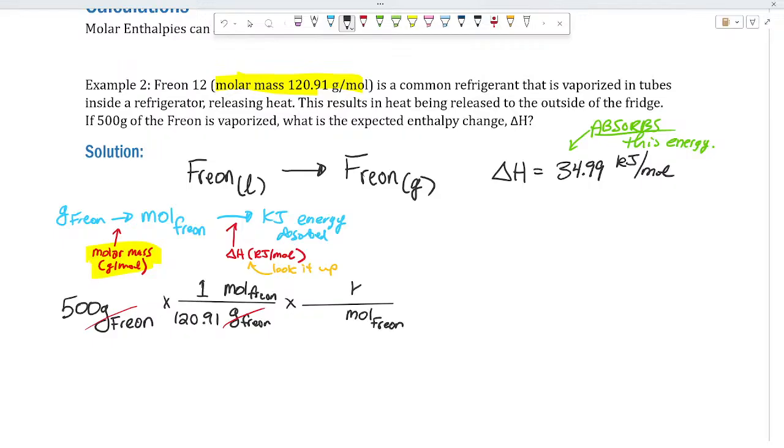Kilojoules of energy released, right? Good. Do we have a number for that? Which is? Is it true that 1 kilojoule releases 34.99 moles? Do we like that? No. What we're saying is that if we have 1 mole of Freon, it will release 34.99 kilojoules. And that would be the obvious mistake to make.